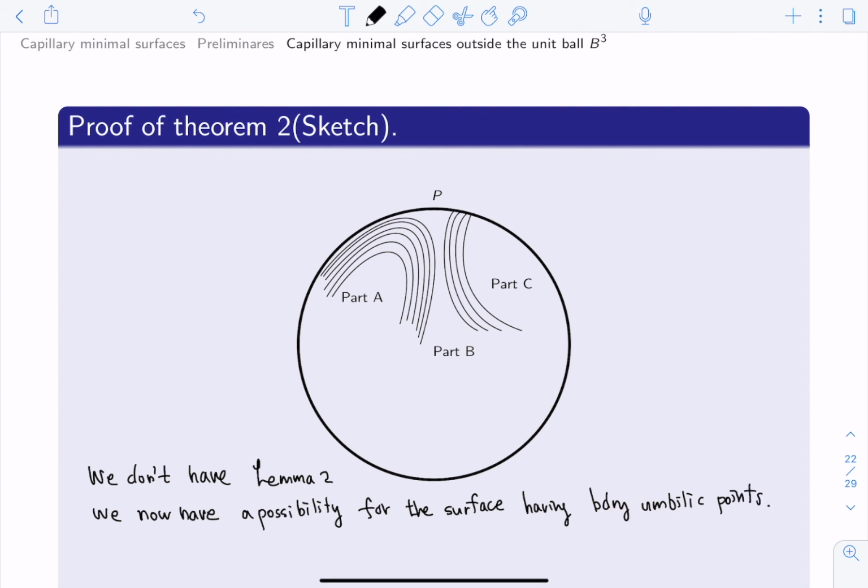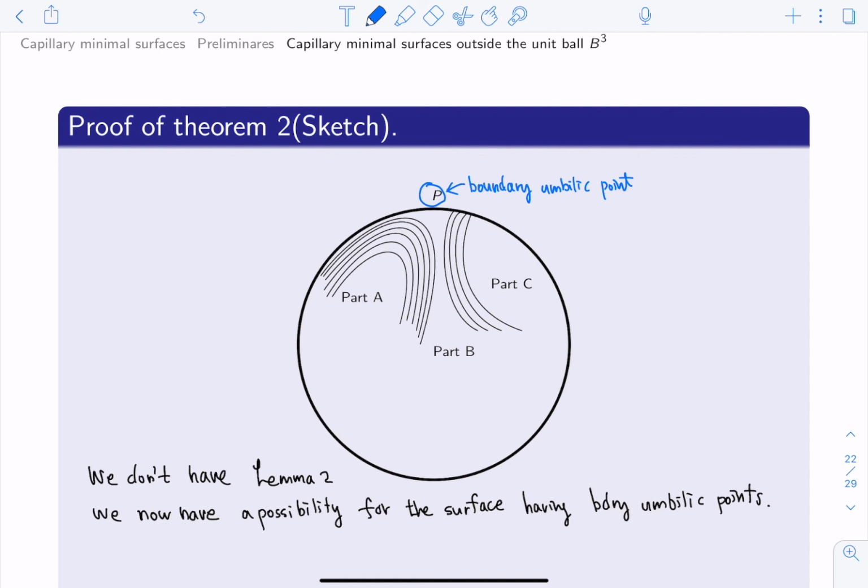So in the above picture, we are considering the boundary umbilic point here. So this P is a boundary umbilic point. So we are now trying to show that there's no boundary umbilic point using the index theory.